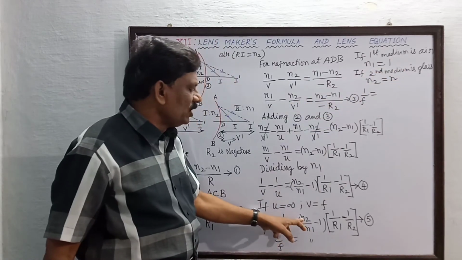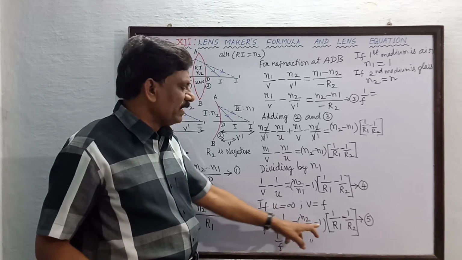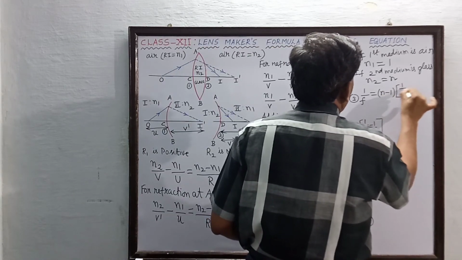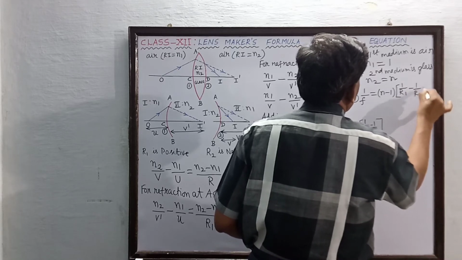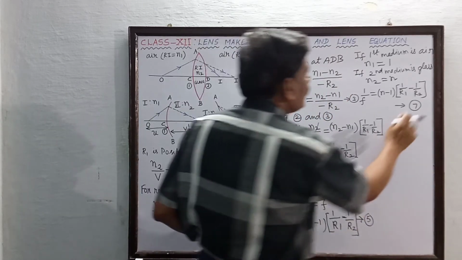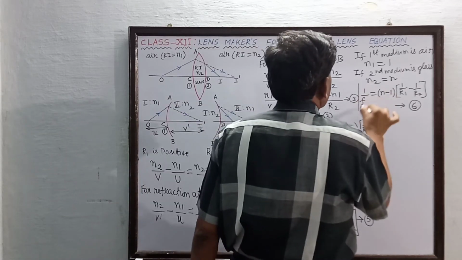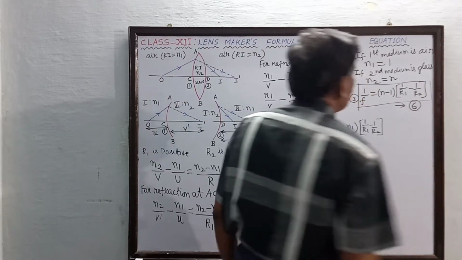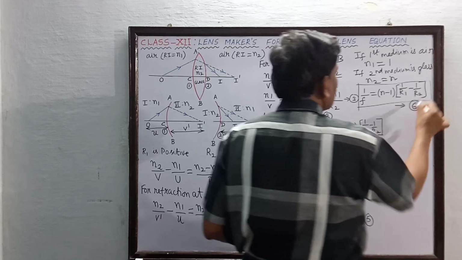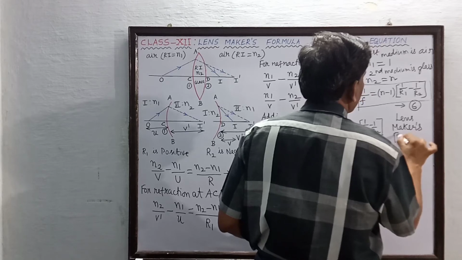I am going to substitute n2 equal to n for glass and n1 equal to 1 for air, so that it will become n minus 1 into 1 by R1 minus 1 by R2. This is equation 6. So 1 by f is equal to n minus 1 into 1 by R1 minus 1 by R2. This equation 6 only is called the lens maker's formula.